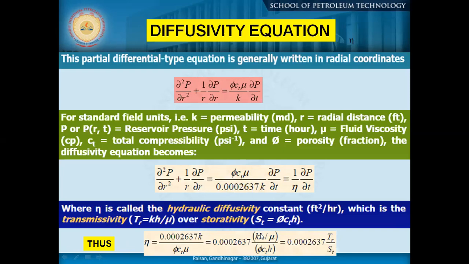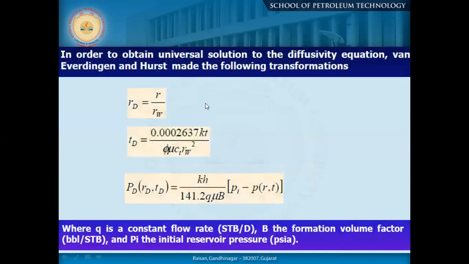Okay, so now in order to obtain a universal solution of this partial diffusivity equation, generally for solutions we try to use different universal terms. What are the universal terms? If you see, these are the dimensionless parameters.